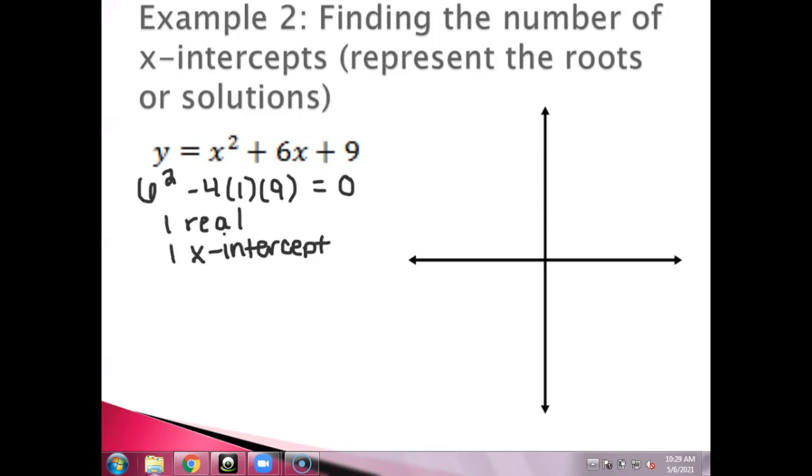This one is in fact factorable, so since it's factorable, you don't have to do the b squared minus 4ac or the negative b over 2a, but we can. So we get negative 3 again.